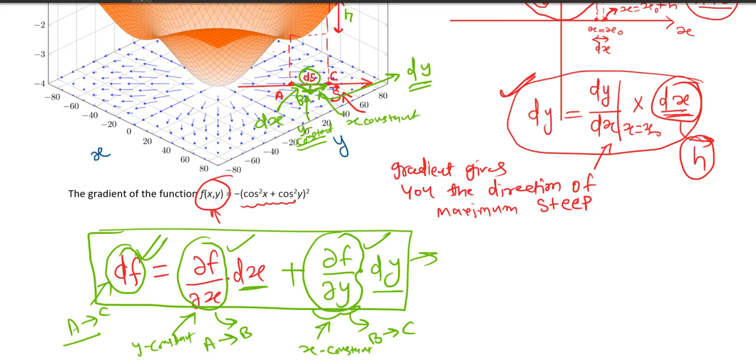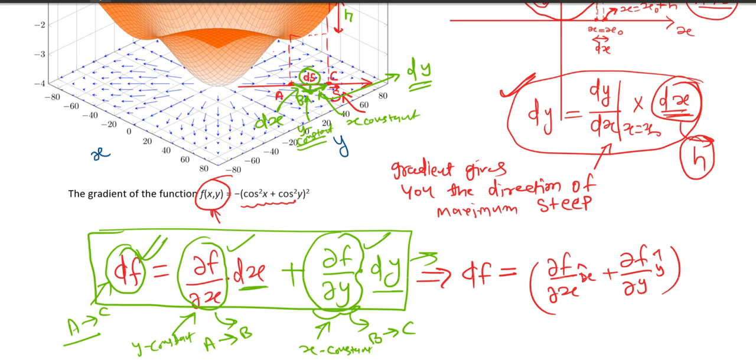So now this is the dot product of two vectors. So I can also write this change in the function value f, df, is equal to del f by del x x cap plus del f by del y y cap, dot dx x cap plus dy y cap.